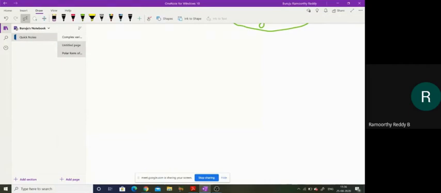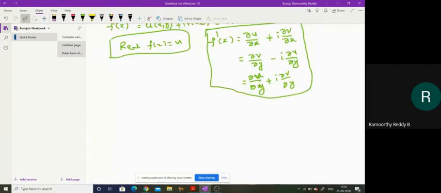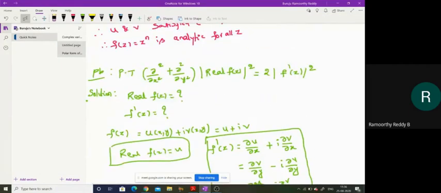Now, what is real of f of z? What is f dash of z? Now, what is the modulus of a complex number? Modulus of f of z is square root of u square plus v square, real part and imaginary part.